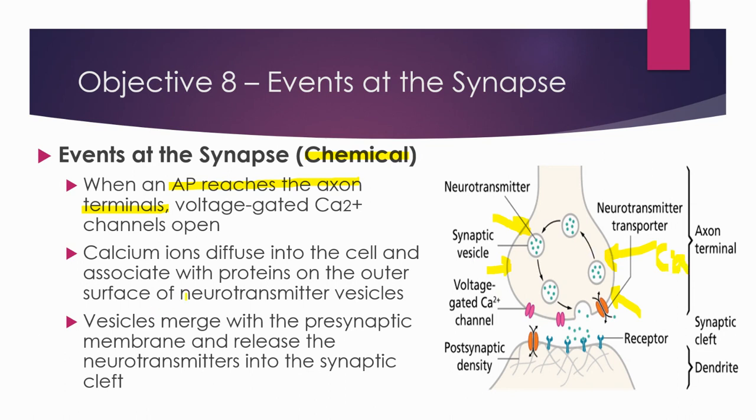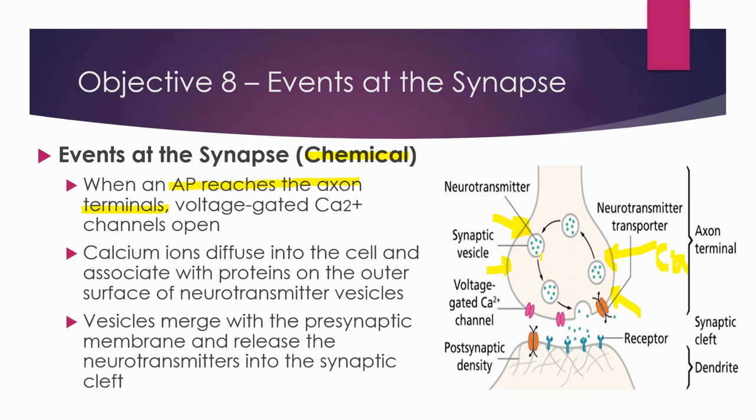Now what the calcium is going to do is interact with these little vesicles. These little vesicles are just membrane-bound sacs, and inside of them we can see these little dots. These represent our neurotransmitters. The calcium enters the cell and interacts with the membranes of these vesicles.